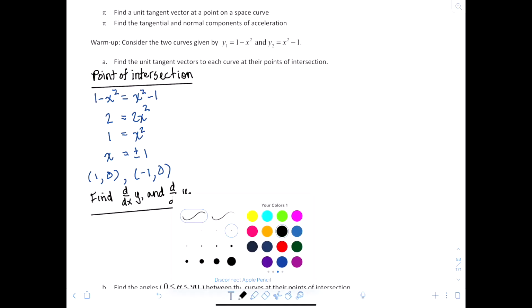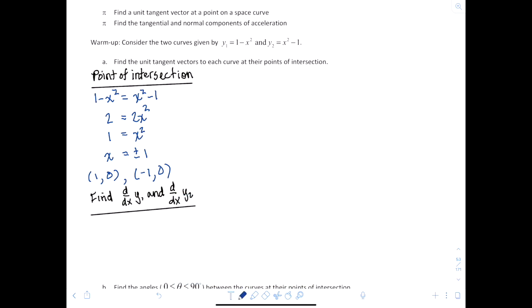All right, so the first one, y1 was 1 minus x squared, so d dx of y1 is equal to negative 2x, and then d dx of y2 is equal to, beautiful, positive 2x. Groovy?